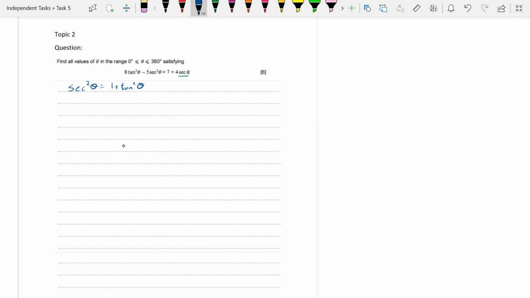So I'm going to rearrange this equation. tan squared is sec squared minus 1, and I'm going to plug that in. So I've got 8, and then I've got sec squared theta minus 1, minus 5 sec squared theta, is 7 plus 4 sec theta.